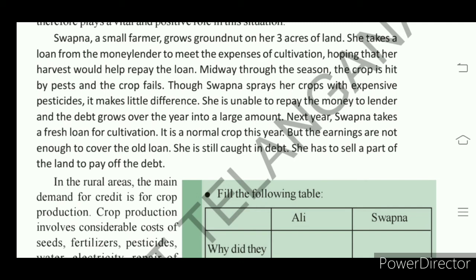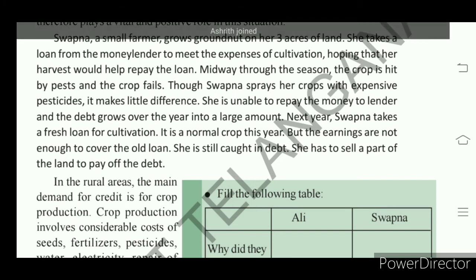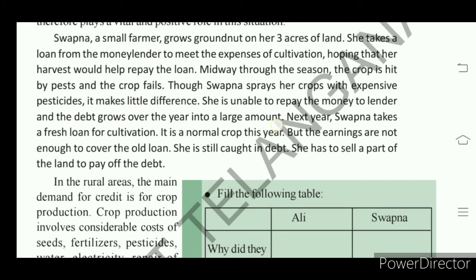That was a normal year. That means in the second year she got normal profit, and those were not enough to cover her whole loan. Whatever income she earned in the second year was not enough to cover the old loan. Still, she is in debt. She has to sell some part of her land to pay off the debt because the time is completed. The money lender is not ready to extend the time for next year.